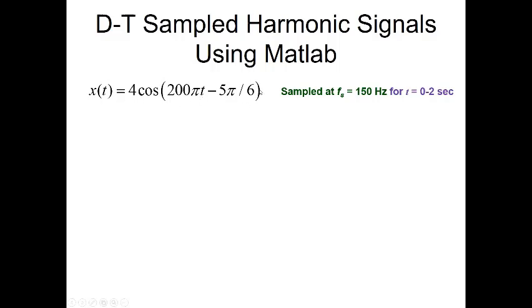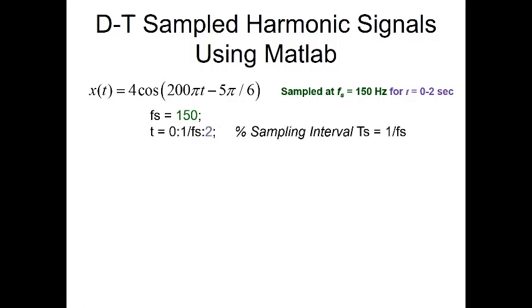If we wanted to, for example, take this signal, cosine 200 pi t minus 5 pi over 6, and sample it at 150 hertz, and let's look at the sample values that go from 0 to about 2 seconds. Well, we can certainly define the sampling rate, fs, as 150 samples per second. And the key is creating the time argument, the time array, that has the appropriate time values for when the samples are going to happen at this particular sampling rate.